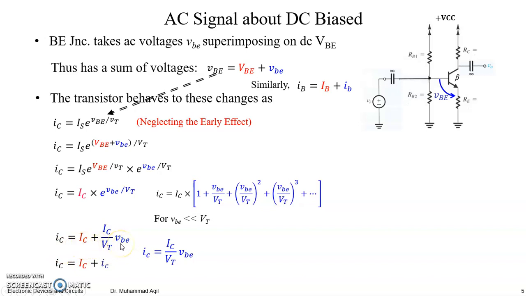And again, we can see that the AC part is nothing but a factor multiplied by the input AC signal at the base to emitter junction, the input junction, and the multiplying factor is nothing but determined by our DC biasing.